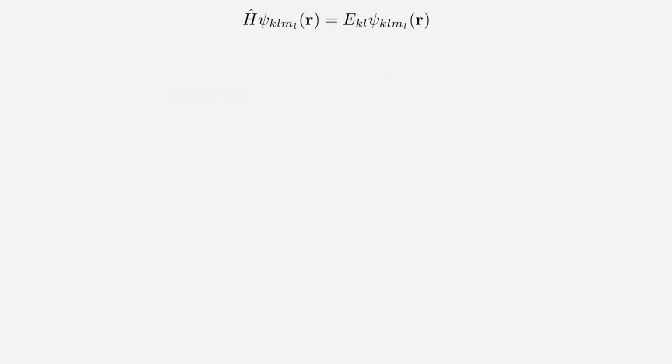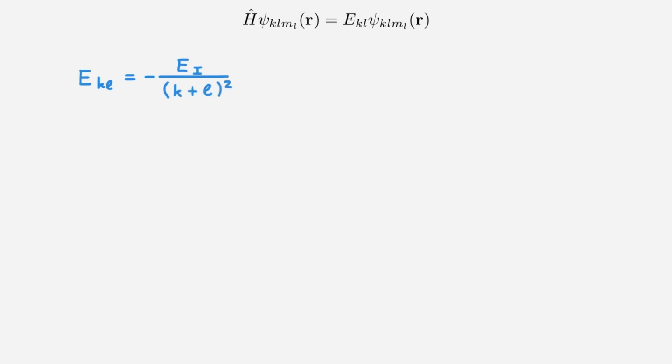Right, so from our earlier videos on hydrogen, we know that the solution of the eigenvalue equation of the Hamiltonian leads to a discrete energy spectrum for the bound state of the hydrogen atom, which is given by minus the ionization energy divided by k plus L squared.